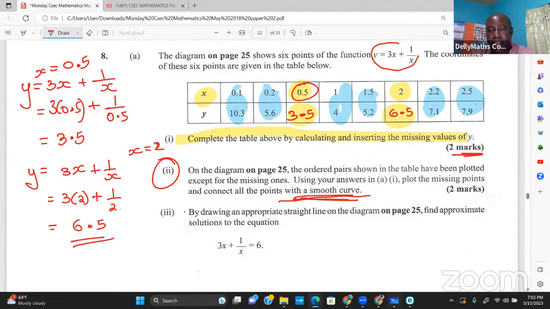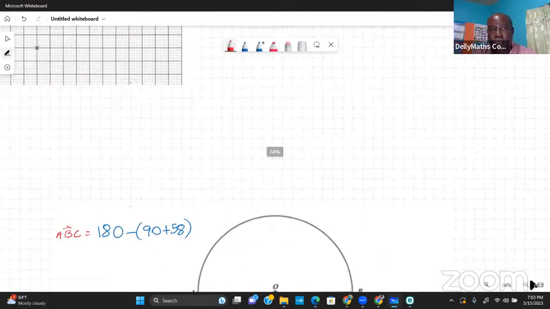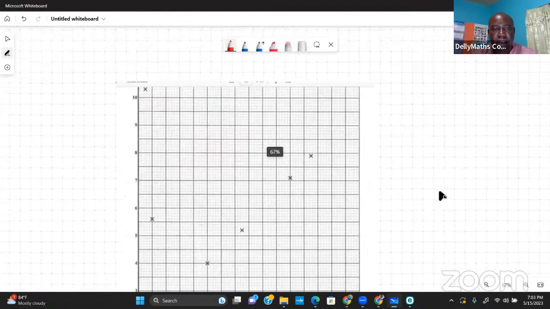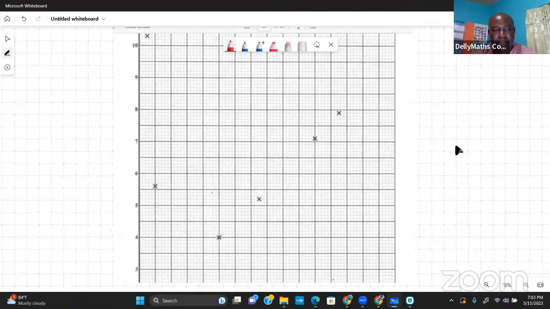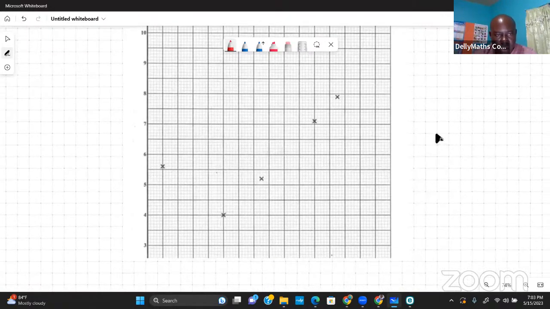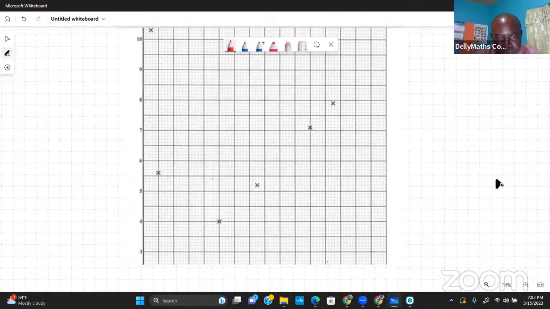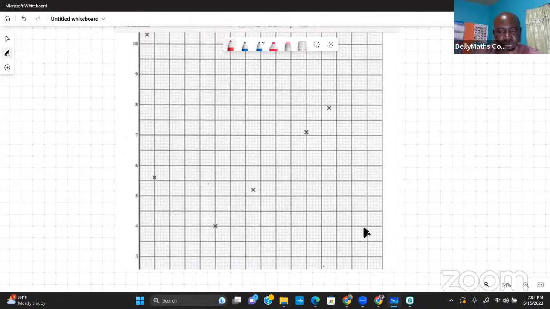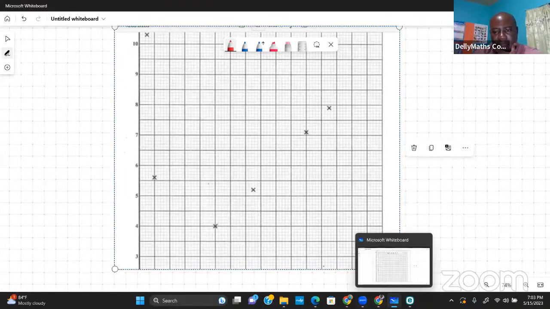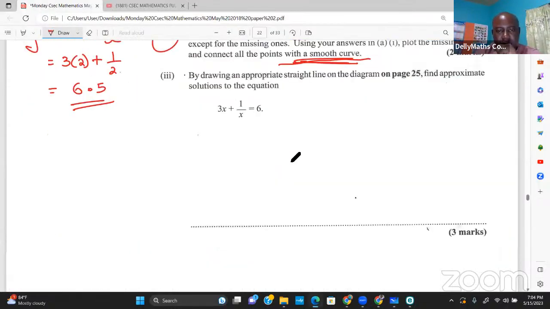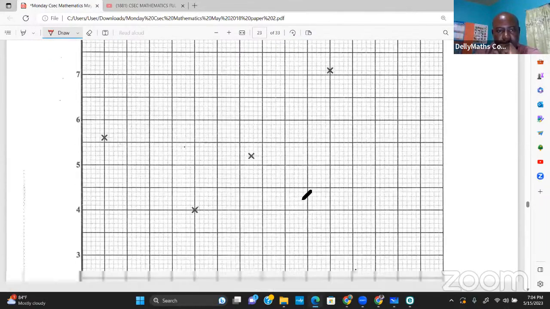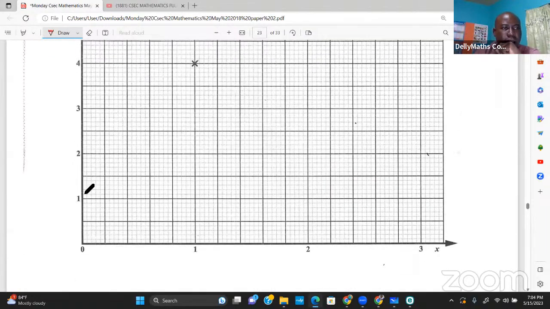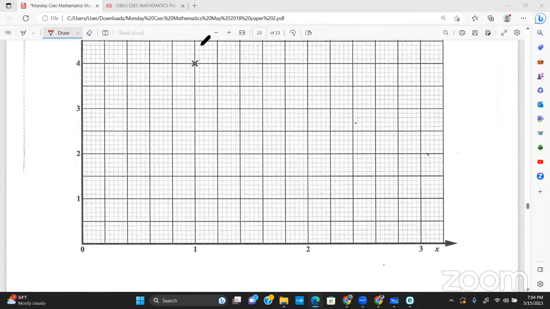Allow me to go back to this. I believe I would have had it somewhere. Here it is. All right, good. I have it right there. I think I left off the x-axis on this diagram, so give me a minute. Allow me to fix this quickly. I'm off the screen.